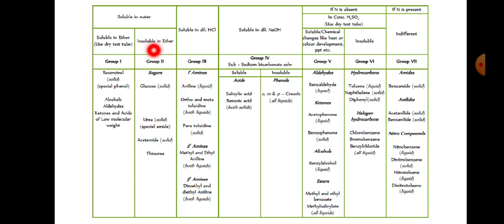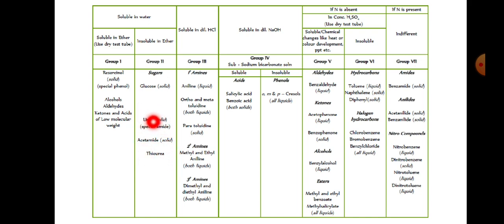Okay, so group 2 compounds, what are these? These are the sugars, glucose, urea, then acetamide, thiourea and so on. So you can easily make out if your Lassaigne's test indicates the presence of sulfur. If the sulfur test is positive, then it clearly indicates there could be thiourea, and the preliminary test you also perform gives you an idea about whether it is a solid or liquid.